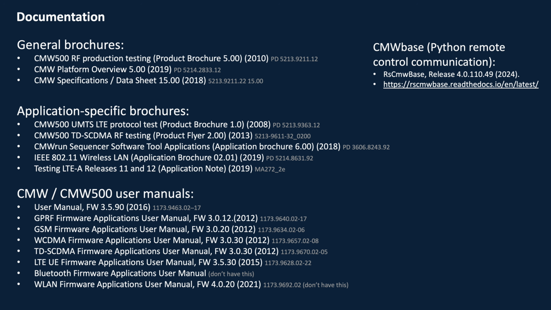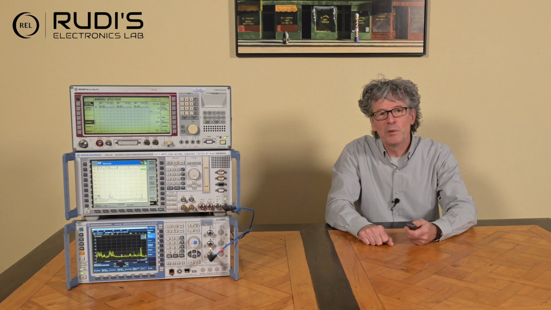But if you're interested in it, I would advise you to start looking at the very first document here, which is called RF Production Testing Product Brochure, because that is a good description of all options and general setup, even more so than the datasheet document, but in the end you probably want to get all these documents. This also brings me to a disclaimer.